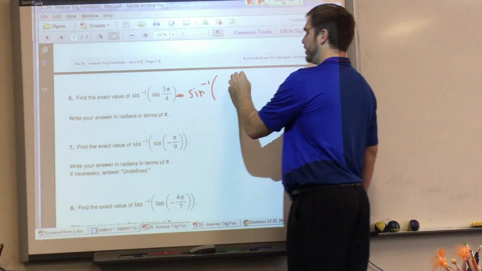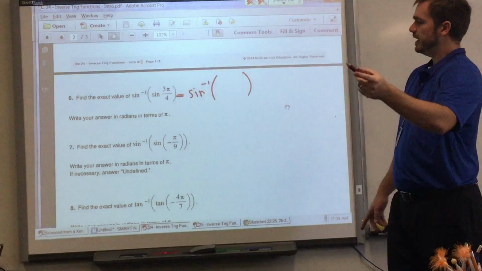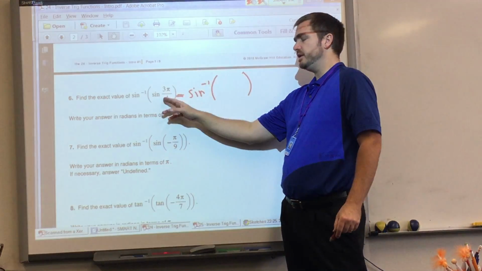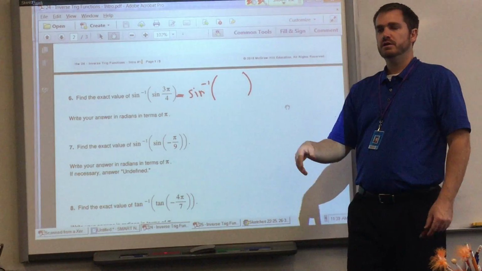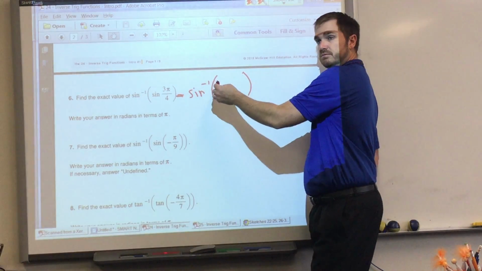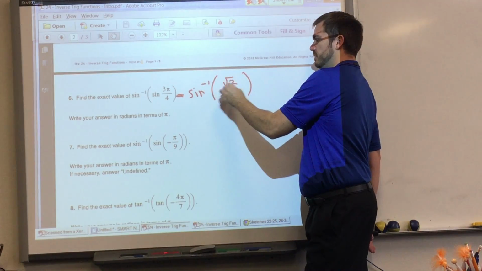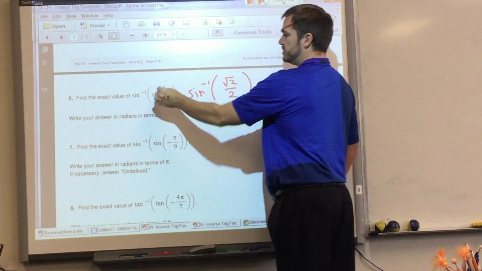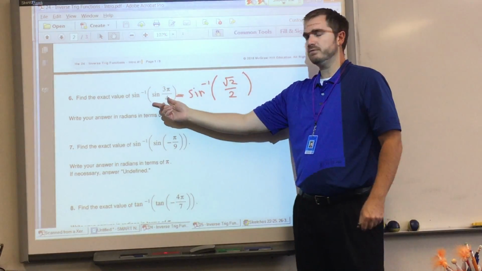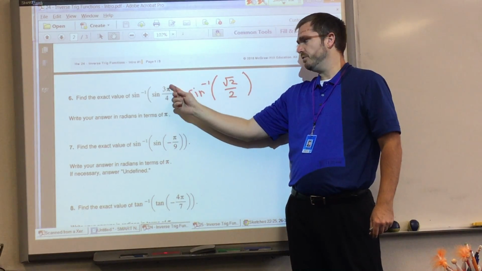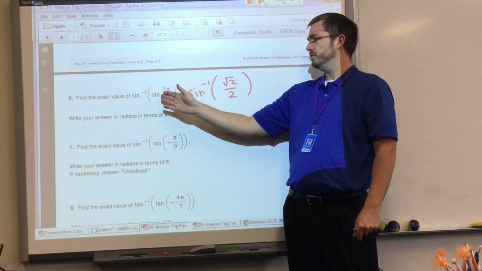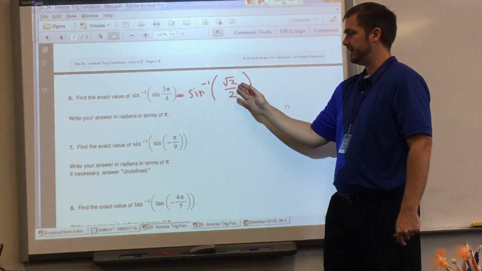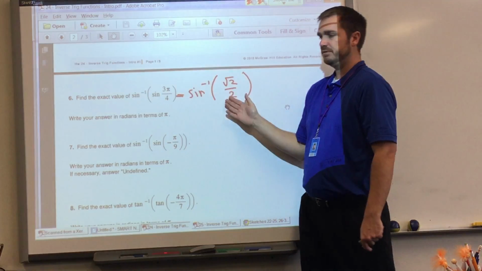I know, right? Okay, so you guys tell me, what is the sine of 3 pi over 4? Root 2 over 2? Okay. So just remember, to go from this step to this step, sine 3 pi over 4, I'm looking at the angle, 3 pi over 4, and I'm finding the y value. So I've simplified it.